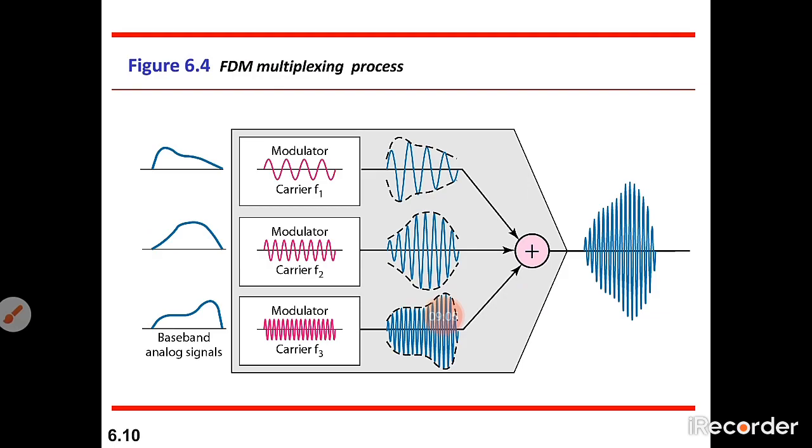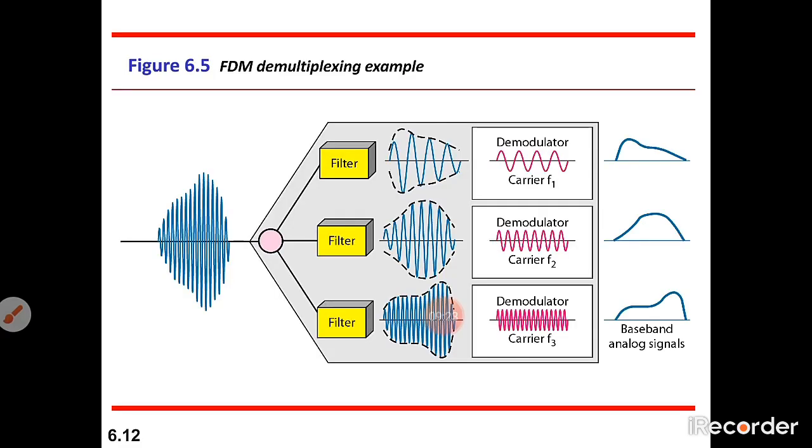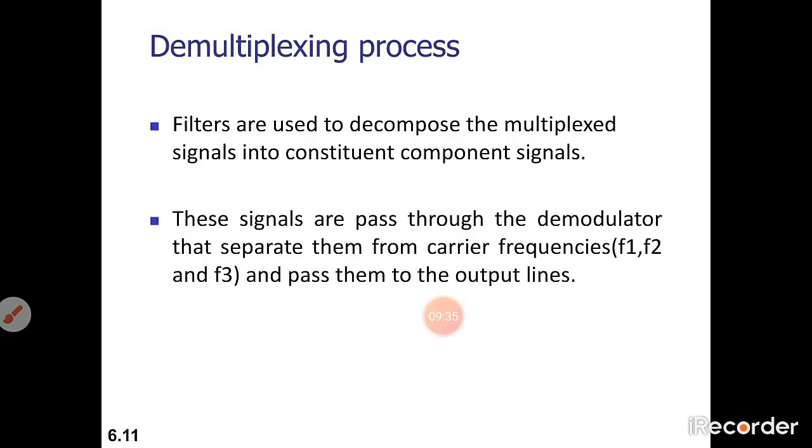Next is the demultiplexing process. In demultiplexing we use filters. The filters are used to decompose the composite signal into its constituent component signals. The composite signal is passed through the filters, and the filter extracts the modulated signals from it. Then these signals are passed through the demodulator, which separates them from the carrier frequency and passes them to the output lines.